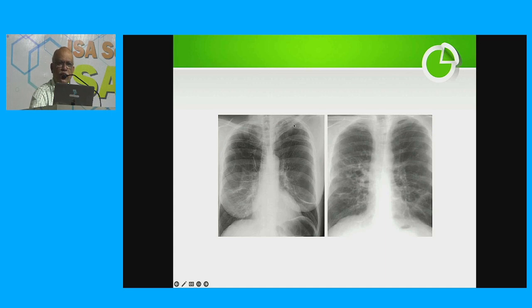Look at the lung fields. I am giving a clue for the first one. Can you make out some lines? There should be some imagination also. You can see bilaterally thin lines which are not there in any normal. It is not a bronchoscopy marker or anything.